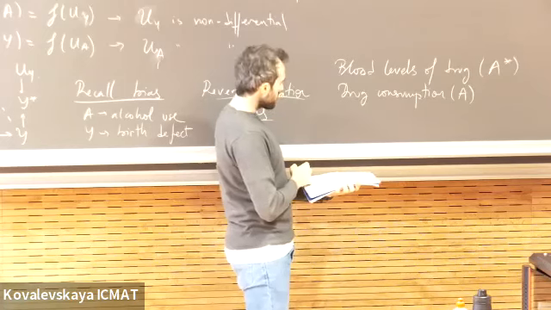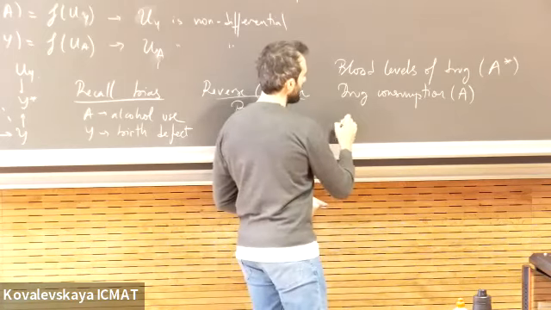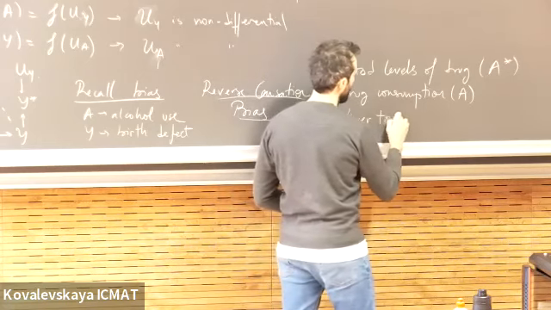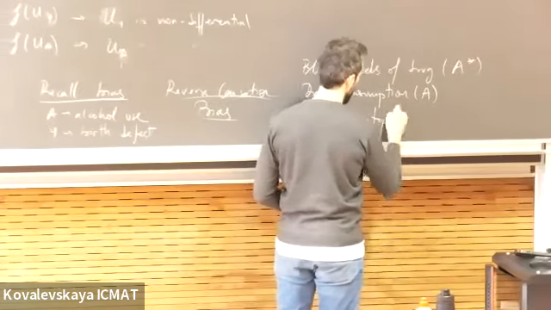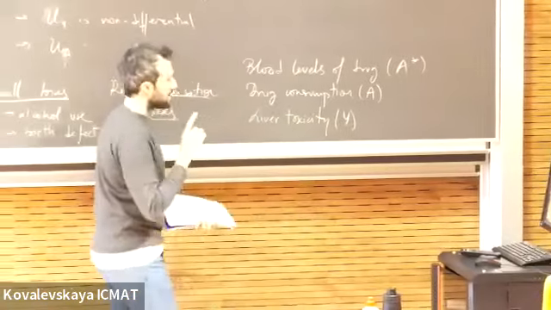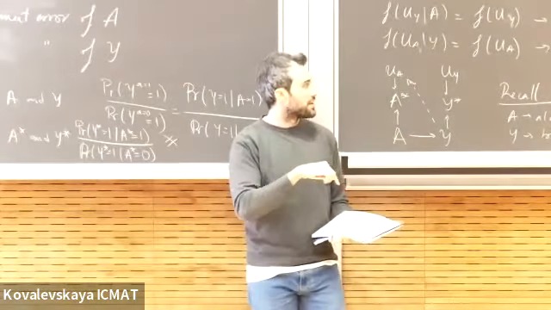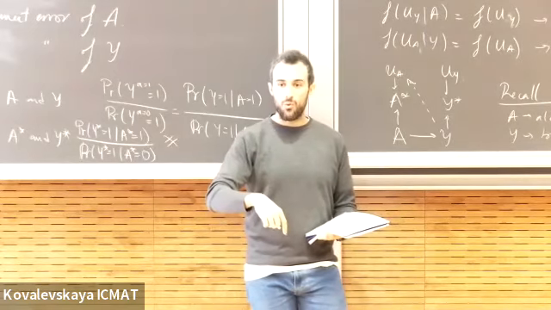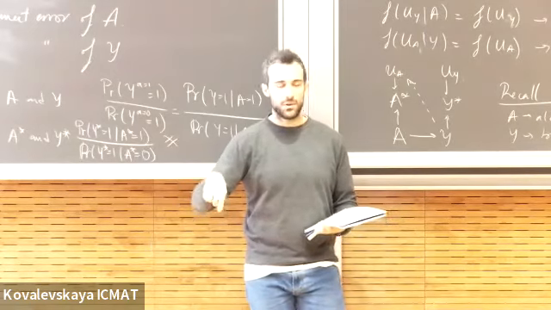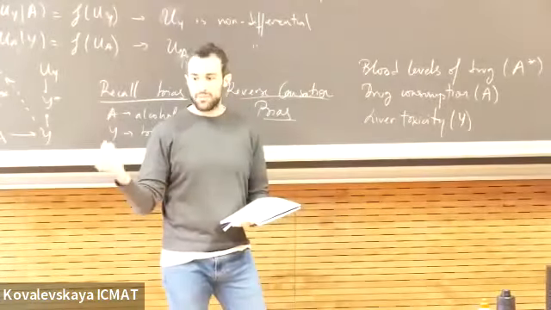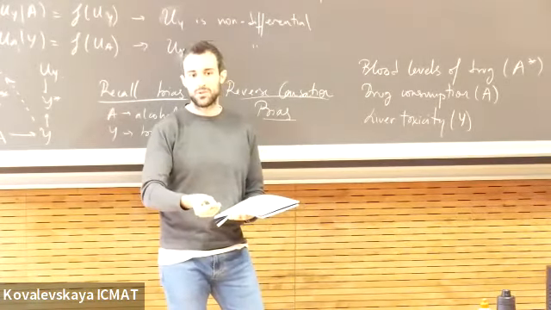And Y is now going to represent liver toxicity. But the key here is that you only measure the blood levels of the drug once you detect liver toxicity, and liver toxicity actually affects the blood levels of the drug.